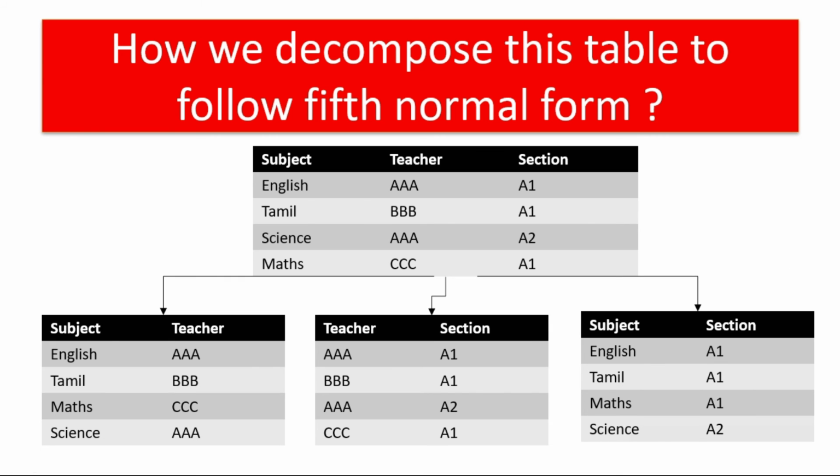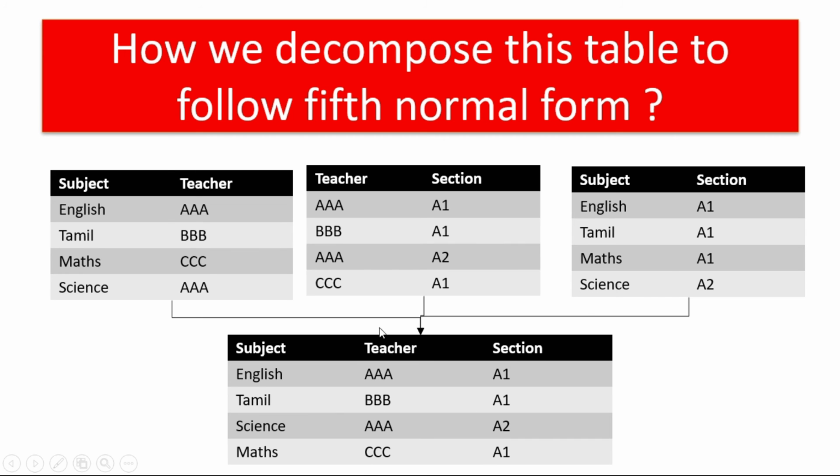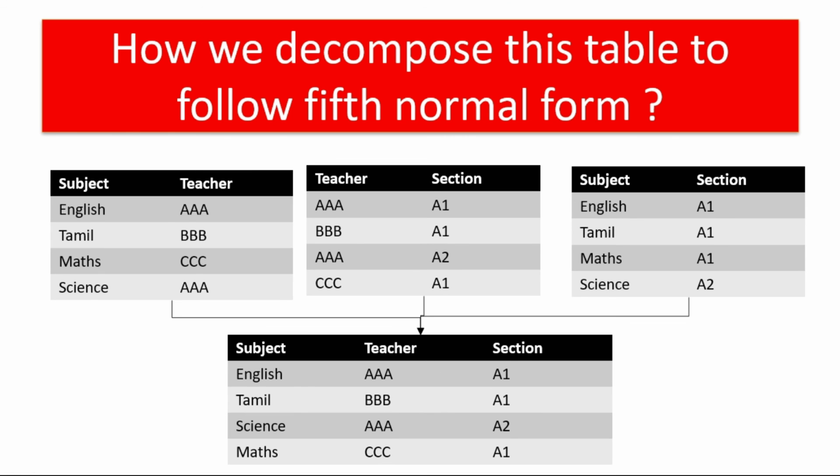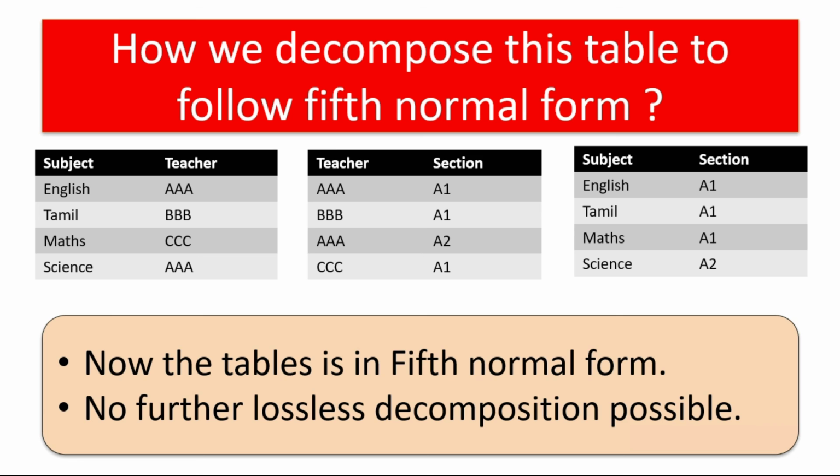When we combine all these three tables using join queries, we will get back the original data. So now there is a way to decompose the table such that when we combine all the tables, we get back the original data. We have done that. Now the table is in fifth normal form.